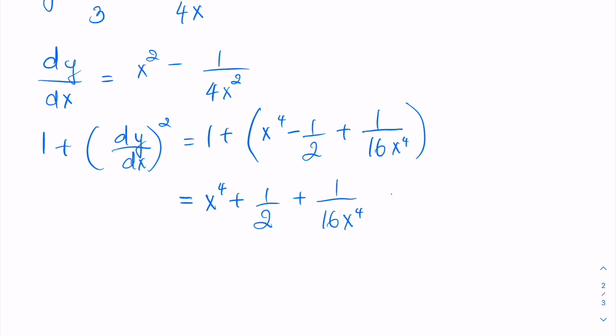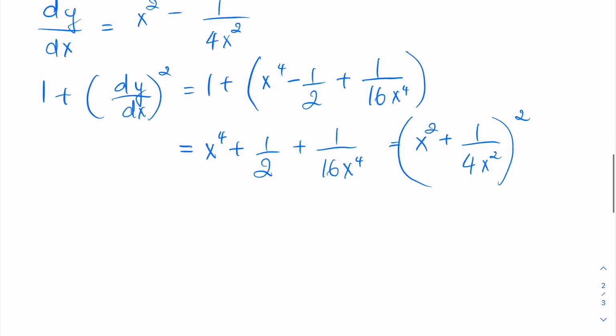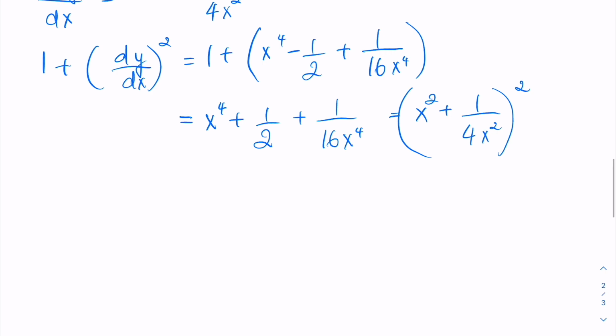Now I can factor. So (x squared plus 1 over 4x squared) squared. This turned out to be so much easier when we take the arc length, because when you take the arc length, you take the square root of 1 plus dy over dx squared, this is a formula.